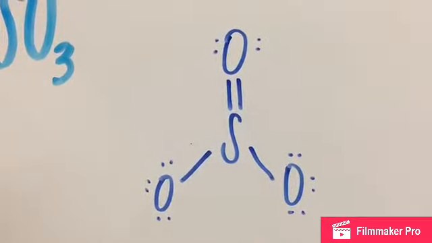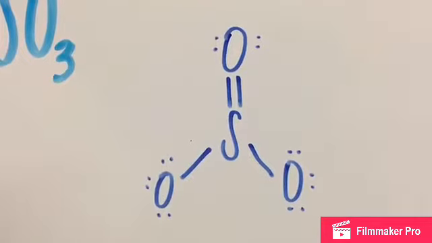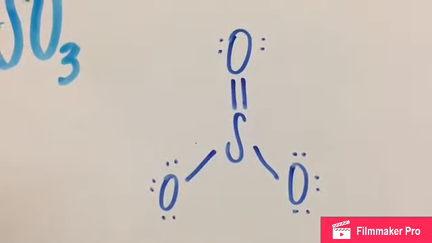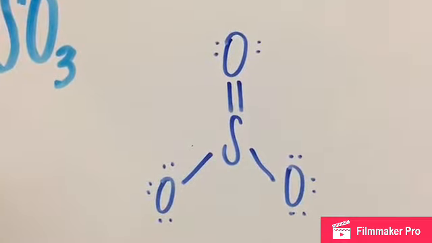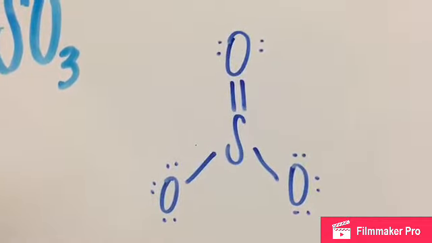Now we're going to determine the partial charges. So we know based on the electronegativity trend in the periodic table that O is more electronegative.